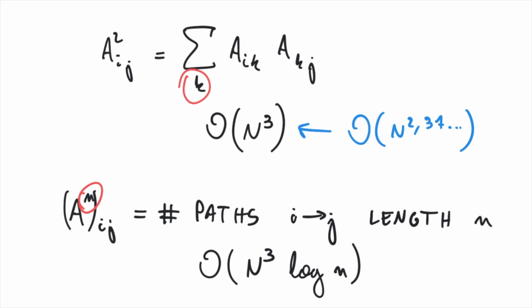But these algorithms are usually too complicated to implement in a competition. So anyway, n cubed is usually what you're going to consider to take a product of matrices. And this can be very useful if n is, I don't know, 100. If n is larger, you will not be able even to compute a product of two matrices.